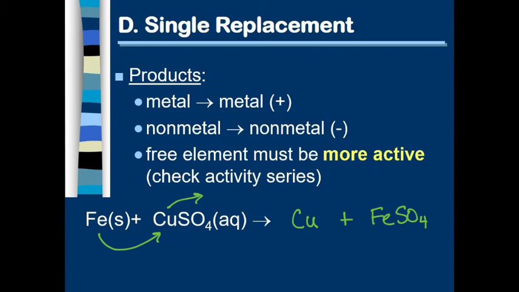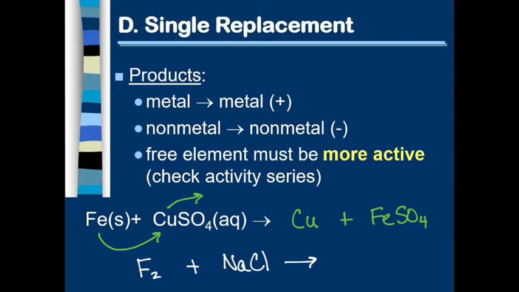I do want to give you one other example, just so that you can kind of think about these things. Let's say that you had fluorine plus NaCl. So fluorine is our free element here. Well, fluorine is a non-metal, so it wants to replace our non-metal, or whatever's normally a negative charge. That's the chlorine.